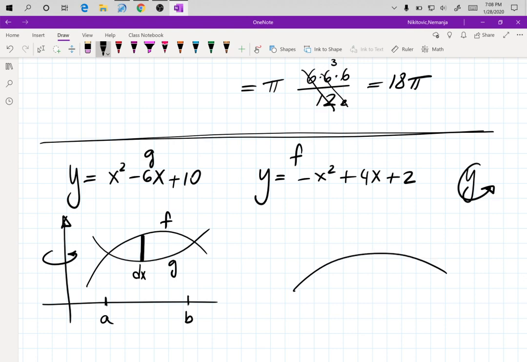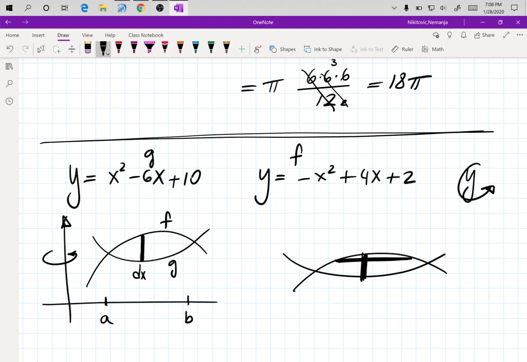If you have two functions intersecting like this, and you draw dy, do you see how dy touches the same function on both ends? That's not bueno. You can't compute that. When you subtract something from itself, you get 0. You're not going to get anything there, right? Which is how you know that you must use dx.